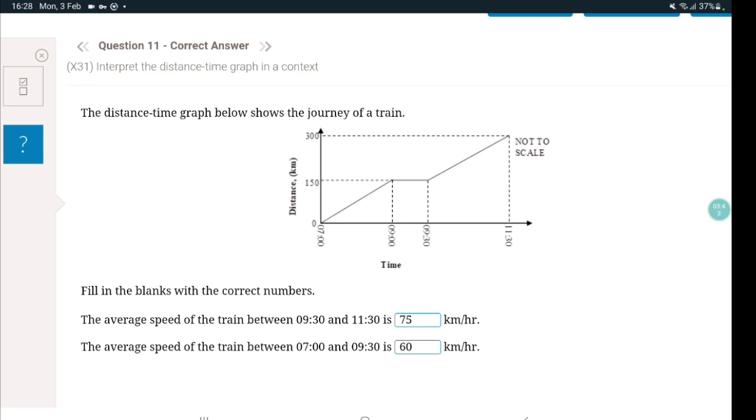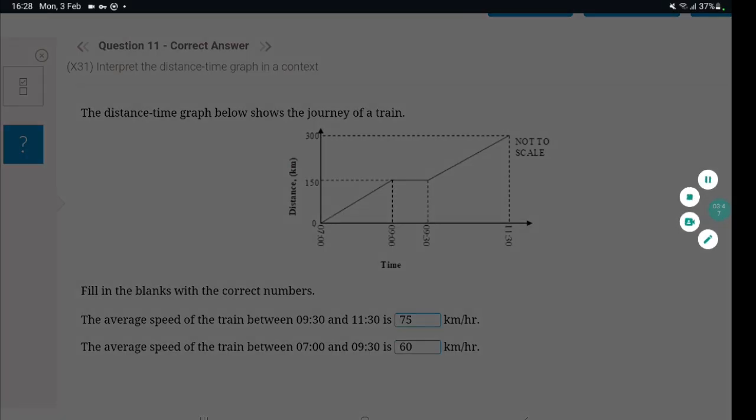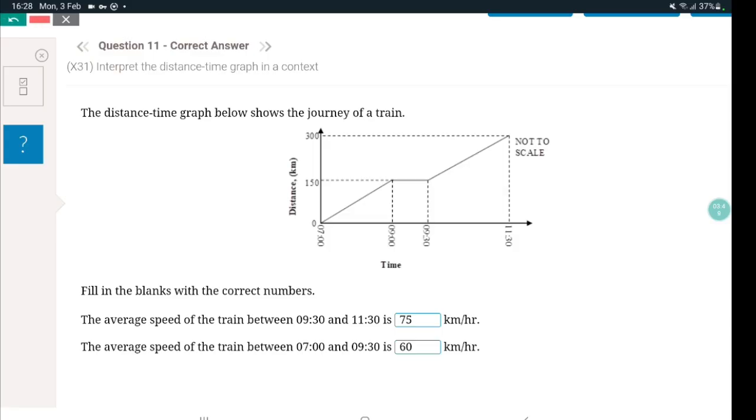Okay, so for this question, it's asking us to find the average speed, meaning the velocity of the train between 9:30 and 11:30. So here's 9:30, here's 11:30.